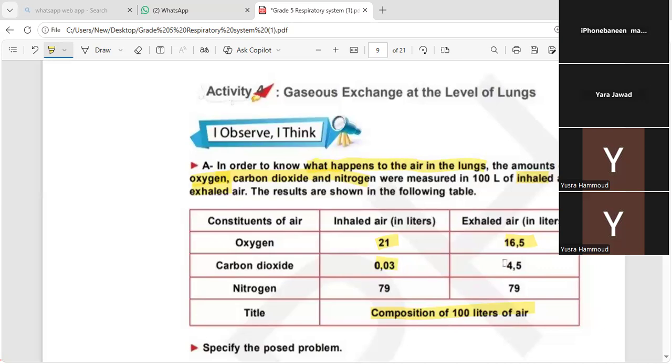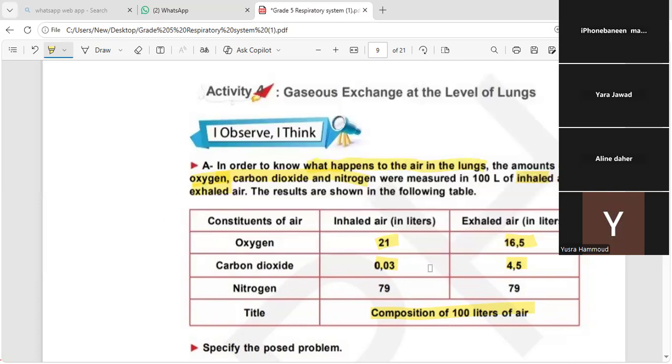How much, Ranim, is the amount of carbon dioxide in the exhaled air? 4.5 liters. Does the amount of carbon dioxide increase or decrease? It increases.